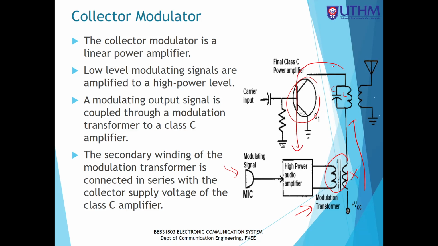Current can only flow to the ground like this only if the input voltage or the input current is more than the transistor threshold. Otherwise the current cannot flow to the ground. So when the input voltage at the base of the transistor is more than the threshold limit, the current can flow over here.